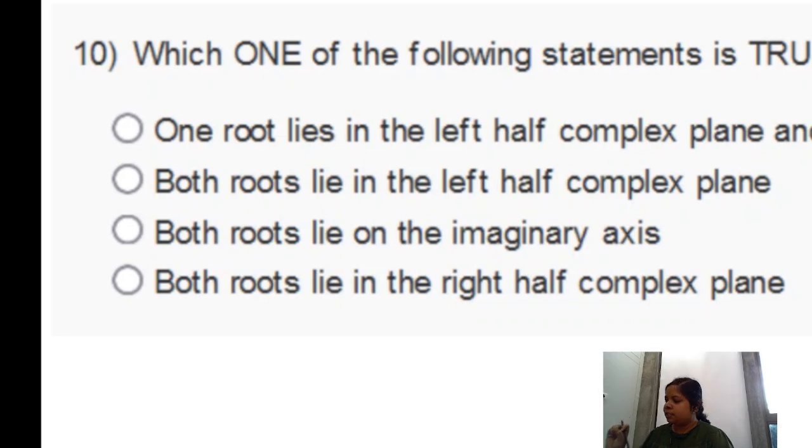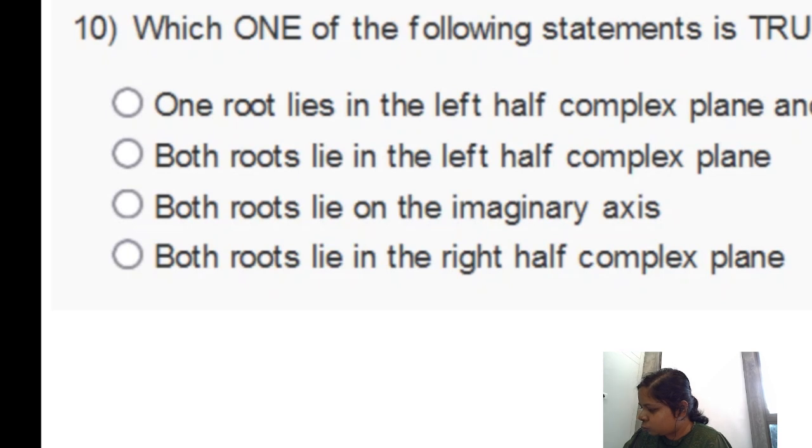A complex number's real part would always lie on the x-axis, and the imaginary part, which is with j, would lie on the y-axis. Let's say I say minus 2 plus 2j. Minus 2 is the real part, plus 2 is the imaginary part, so this is where the point would lie. Now if I say minus 2 minus 2j, minus 2 is here and the minus 2j part is here, then it would be this point. This is the way you define it.